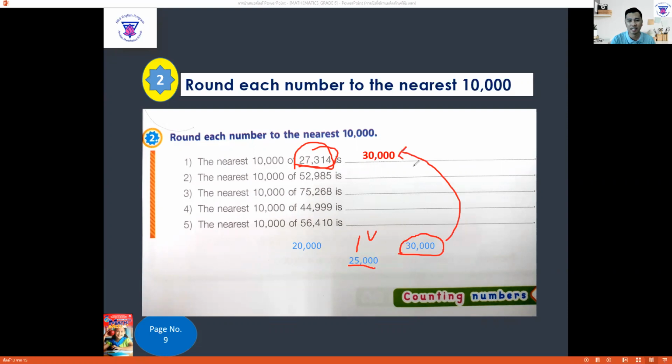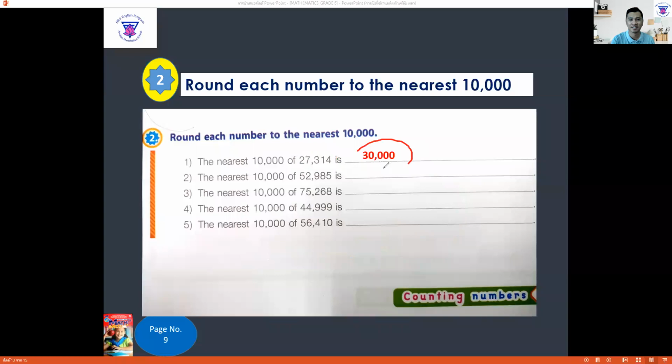Okay, that is the number. Make sure you check it properly, student. That it's 27,340 written there. So the nearest 10,000 of 27,314 is 30,000, students. Okay, this is the correct answer.